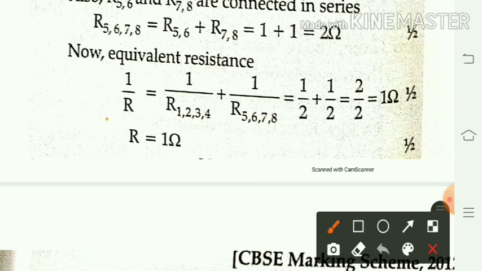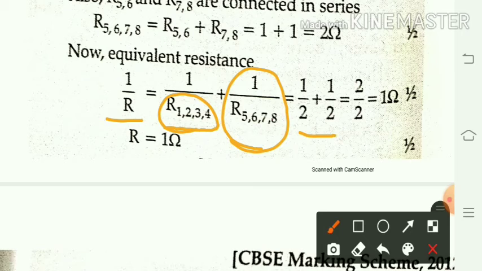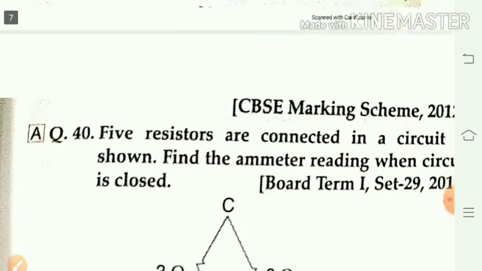So the equivalent resistance is 1 upon R equal to 1 upon R1,2,3,4 plus 1 upon R5,6,7,8. These values are 1 by 2 plus 1 by 2. It becomes equal to 2 by 2, again equal to 1 ohm. Therefore, the total resistance of this whole diagram is equal to 1 ohm.